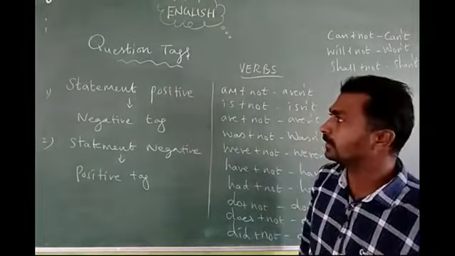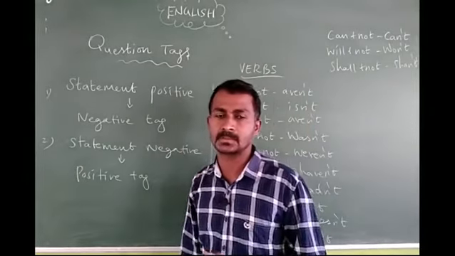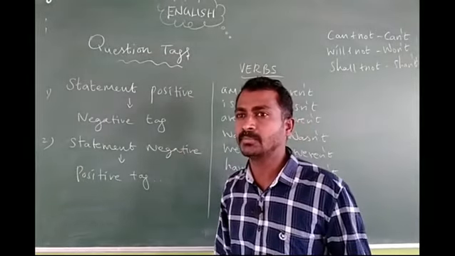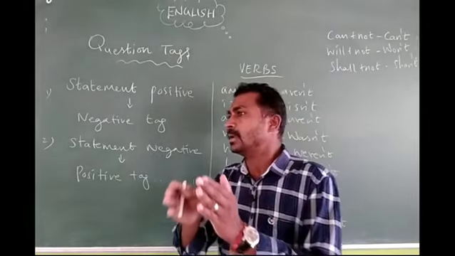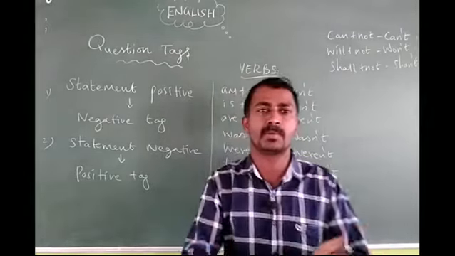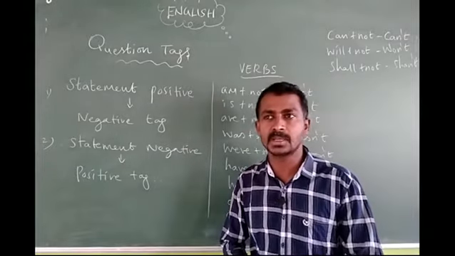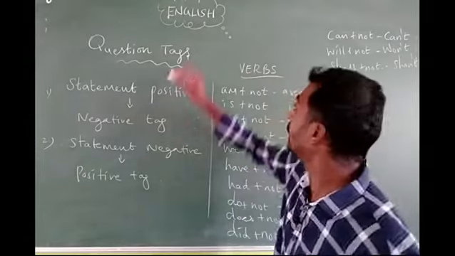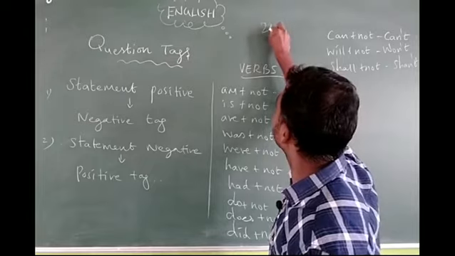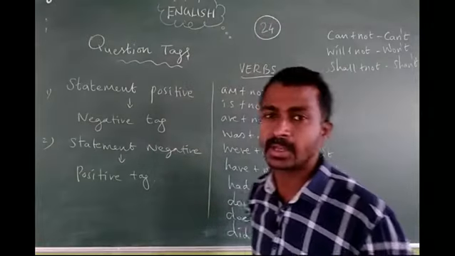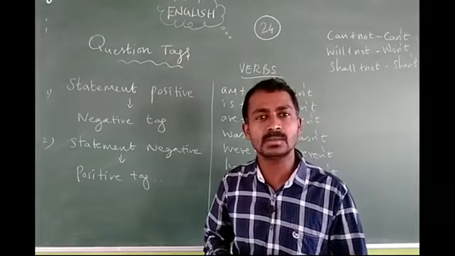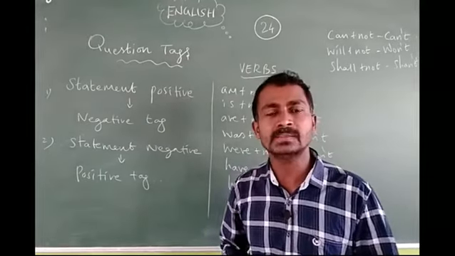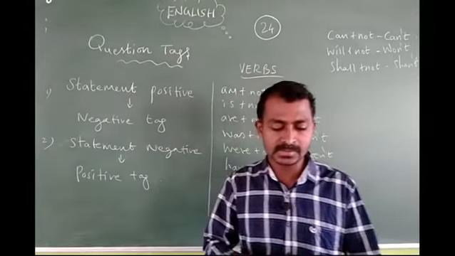Okay, so already we studied be verbs. Am I right or not? What are be verbs? They are helping verbs, I mean auxiliary verbs. How many auxiliary verbs in English did we already discuss? Nearly 24 auxiliary verbs. What are they? Am, is, are, was, were, have, has, had, do, does, did.